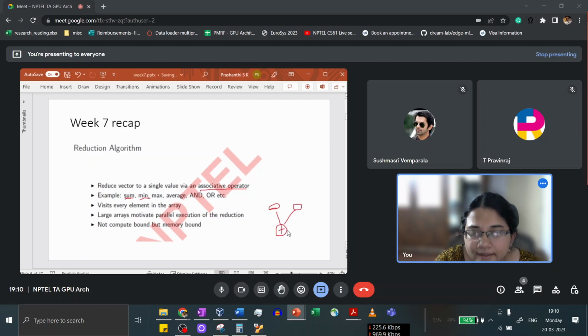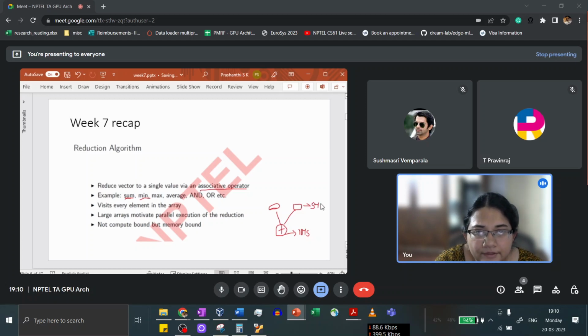Added to that, compute is much faster than memory. So the time it takes for the compute might be very small, let's say something like 1 microsecond, and the time it takes to read these two from memory might take 5 microseconds.